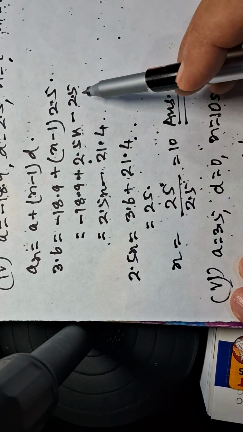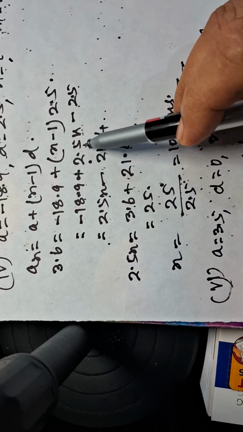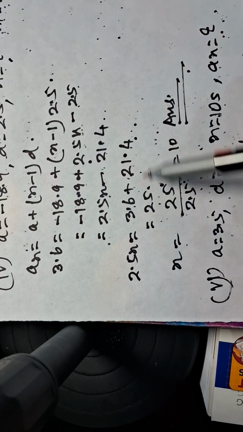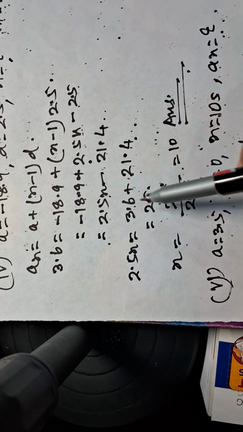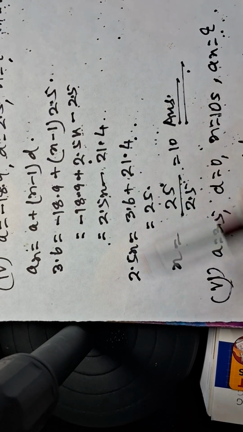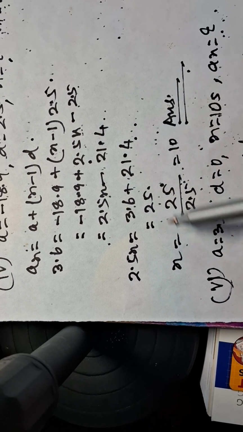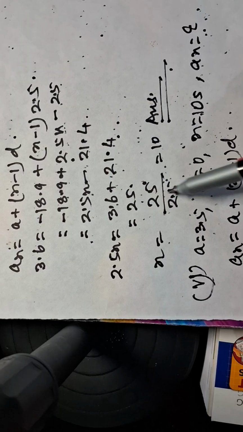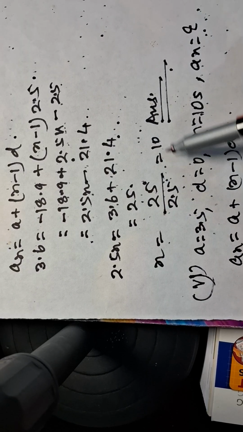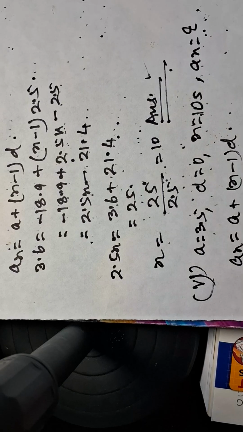When we add these it will be 21.4, and this is 2.5n. Now solving it, 2.5n is equal to 3.6. This and this will go to the other side, then it will be 21.4 is equal to 25. Then n is equal to 25 by 2.5 is equal to 10. This will be the answer.